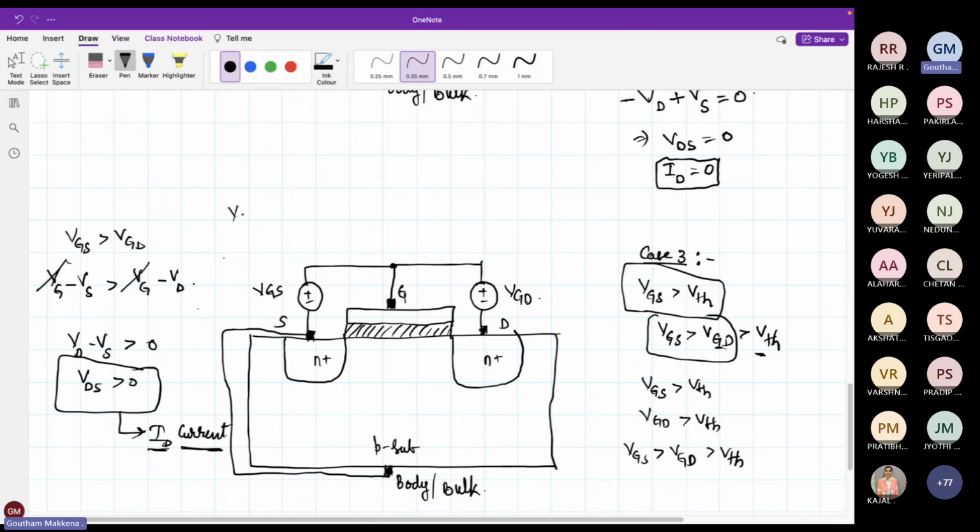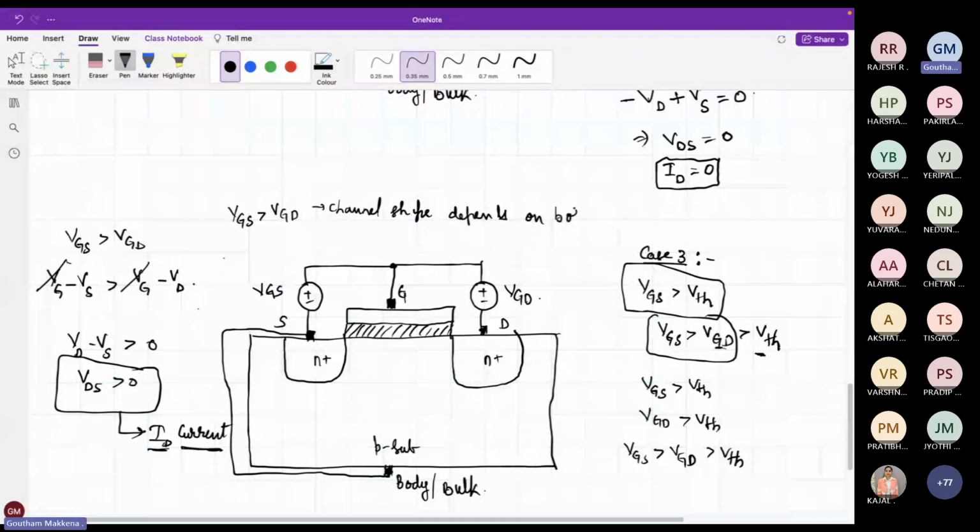So I told you VGS is greater than VGD. Your channel shape depends on both VGS and VGD.